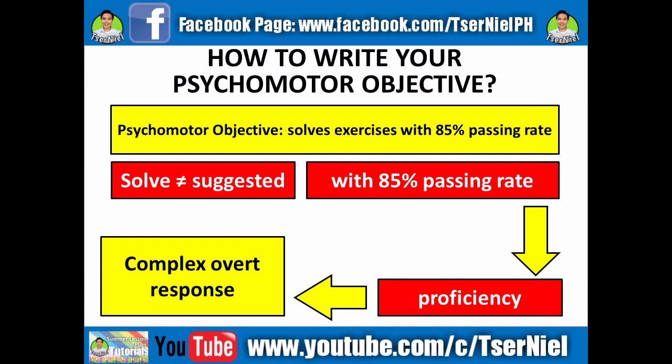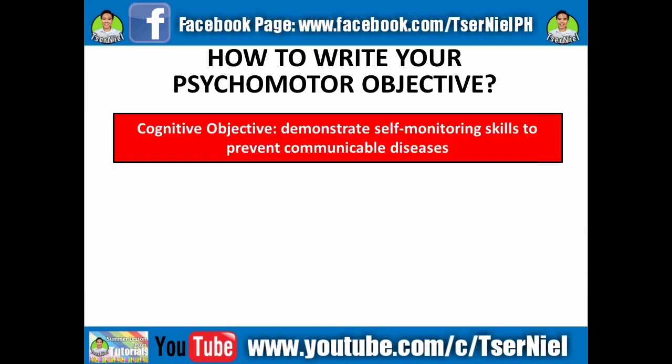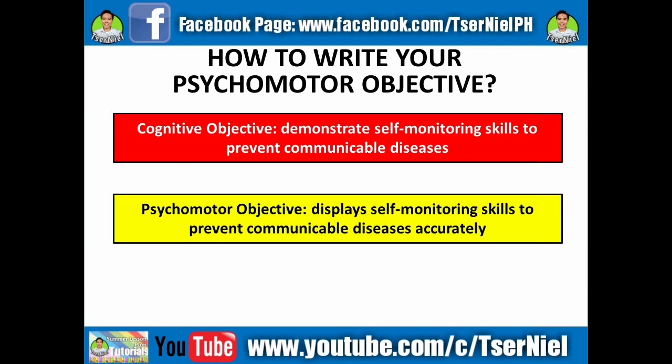For example, meron pa tayong isa pang example dito. Kung ang learning competency natin is demonstrates self-monitoring skills to prevent communicable diseases, which is from health ng grade 8, halimbawa, ang ating cognitive objectives is to demonstrate self-monitoring skills, blah, blah. Ang possible psychomotor objective natin is to display accurately self-monitoring skills.